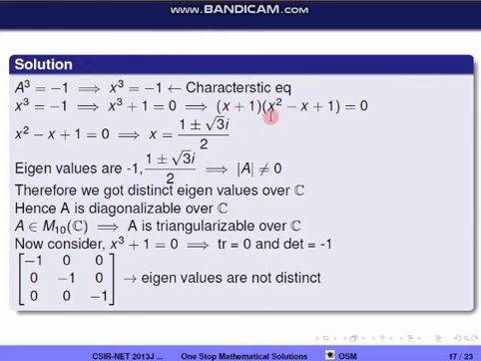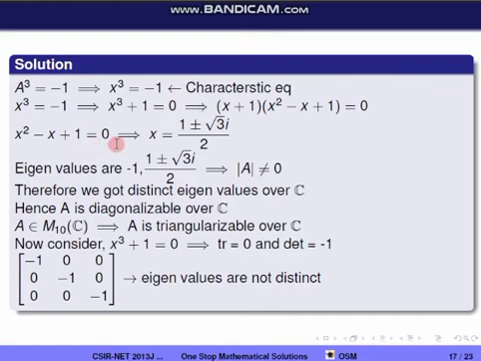Now we will find the roots of x square minus x plus 1 equal to 0. I am using the formula for the quadratic equation: if ax square plus bx plus c equal to 0 is a quadratic equation, then the roots are given by x equal to (minus b plus or minus root of b square minus 4ac) by 2a.